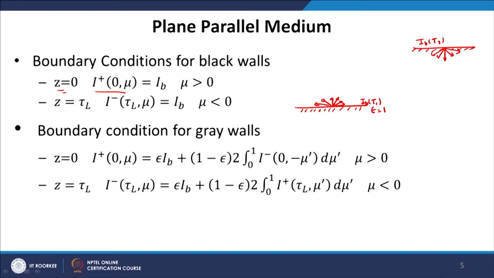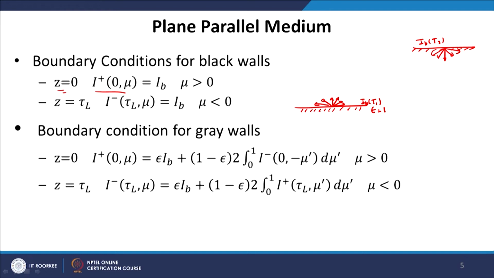Now, if our plates are not black, then the boundary condition will not be simply the algebraic equation I plus is equal to I b or I minus is equal to I b, then it will be an integral equation, and we have already discussed this in length. Heat transfer from surfaces is governed by a Helmholtz kind of Fredholm kind of equation if the plates are gray.